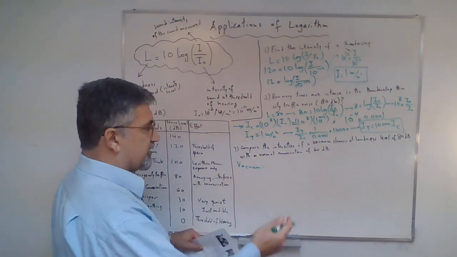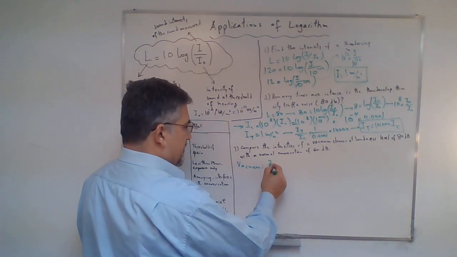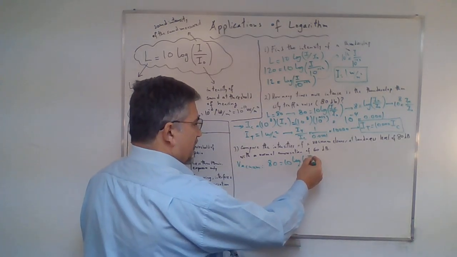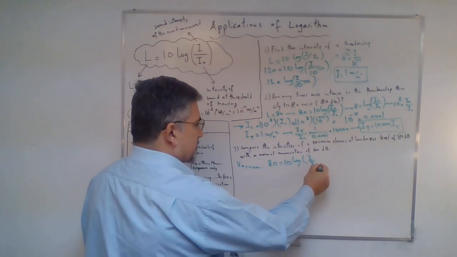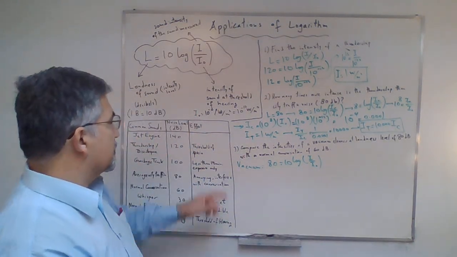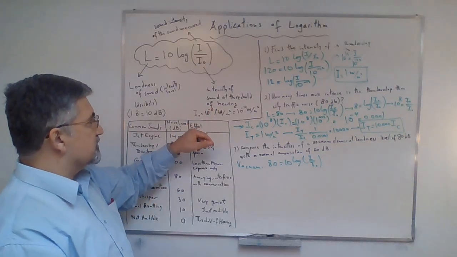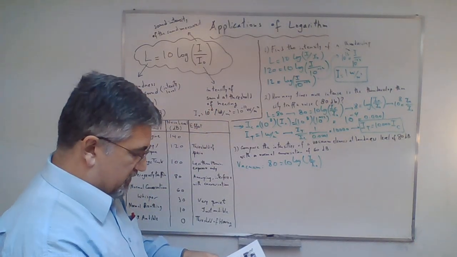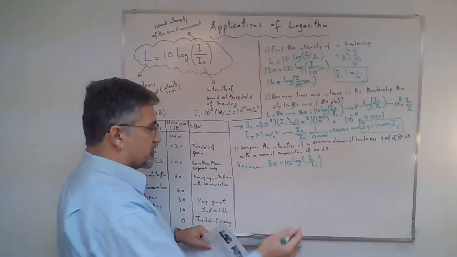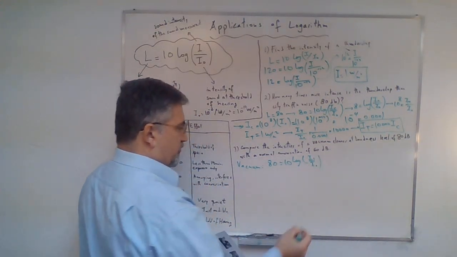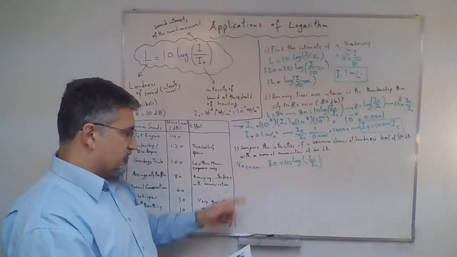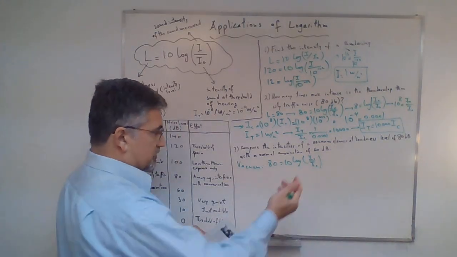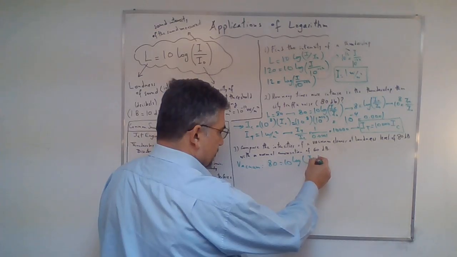And for the vacuum, we can say 80 equals 10 times log of I over I sub 0. I sub 0 is the intensity of sound at threshold of hearing. And I can use subscript of 1, for example, I sub 1 over I sub 0 for the vacuum cleaner. Or I can say I sub 2, doesn't matter.